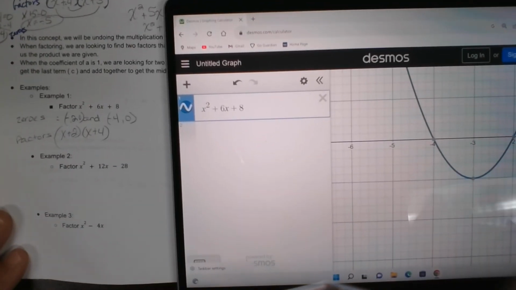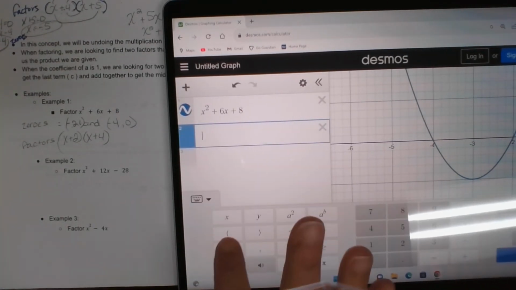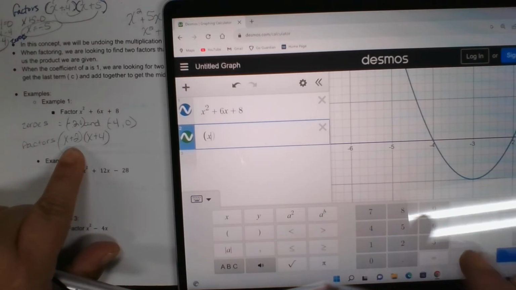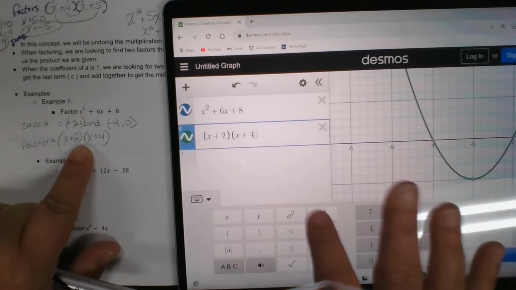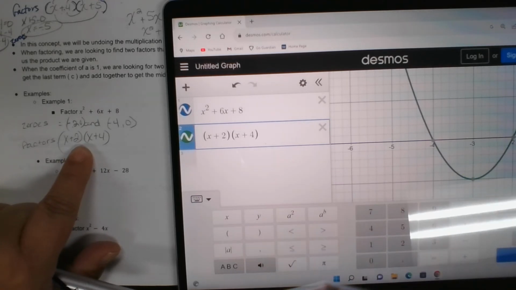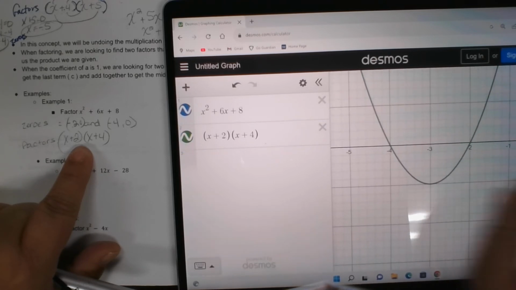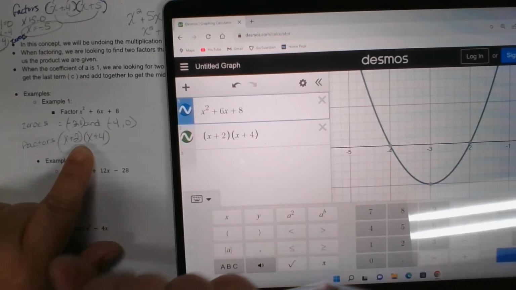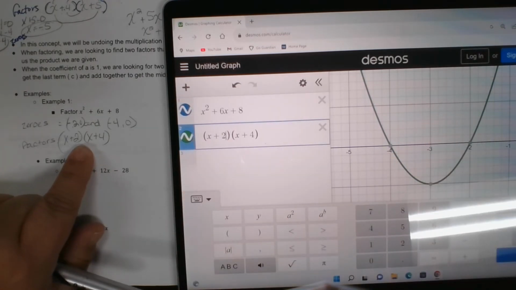Now, I did graph the whole parabola here, but if I come over and just graph these 2 factors, you can see that that parabola is green, the second one, but it's the exact same. The blue one and the green one lay right on top of each other. Blue and green are not real good showing up here in color, I'm sorry.